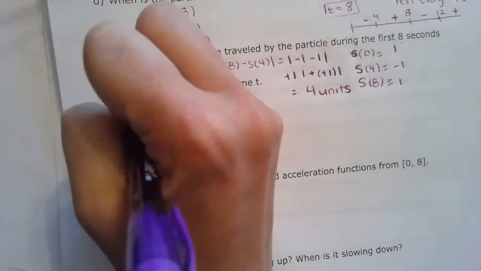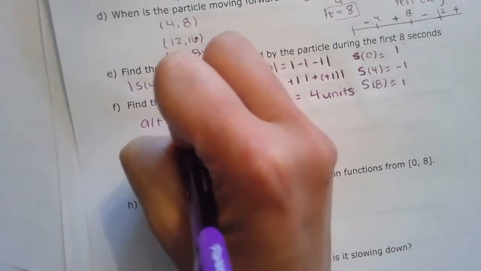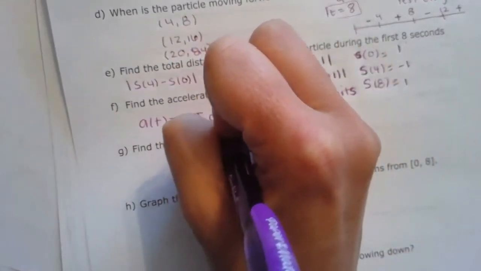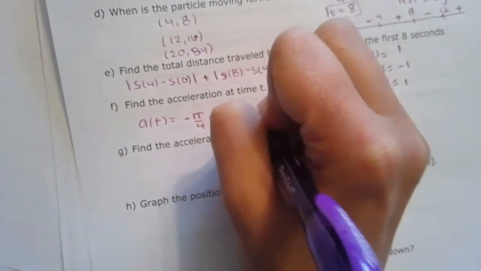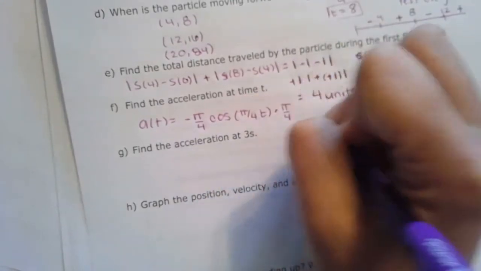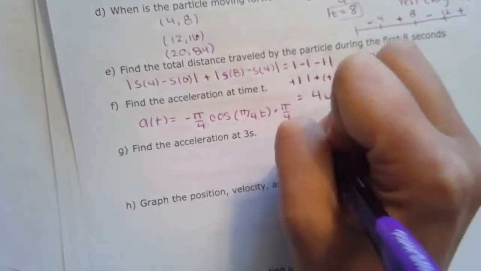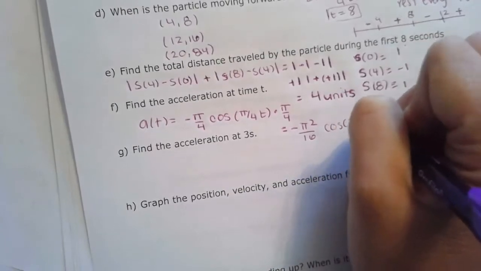Acceleration is the derivative of velocity. So again, you might be off a little because you didn't have that pi fourths. So it would be negative pi fourths. Derivative of sine is cosine pi fourths t, once again, times a pi fourths. So you're probably missing that negative pi squared over 16 cosine pi fourths t.